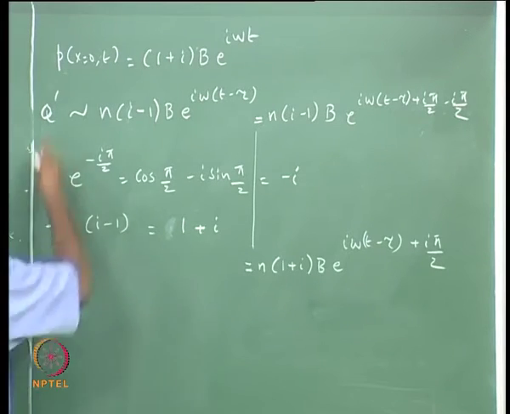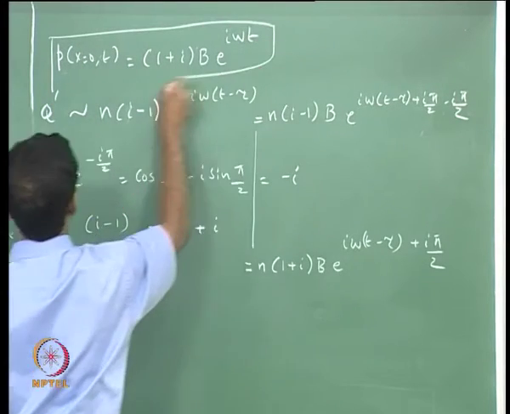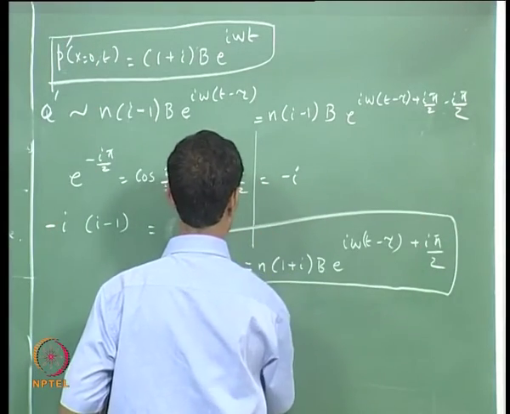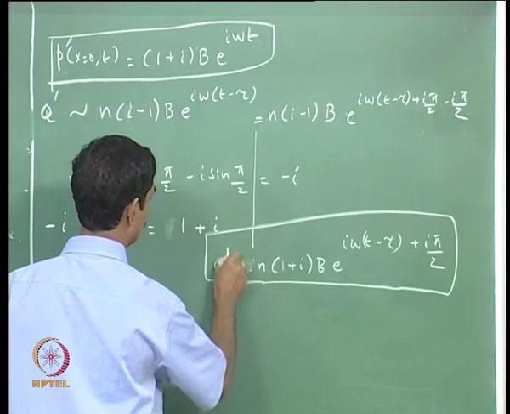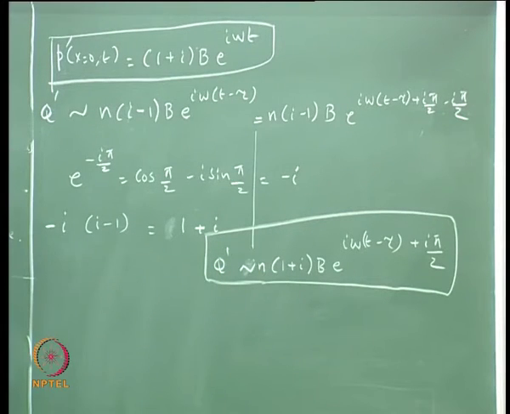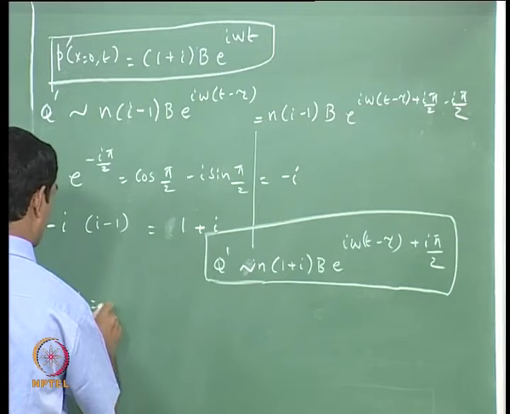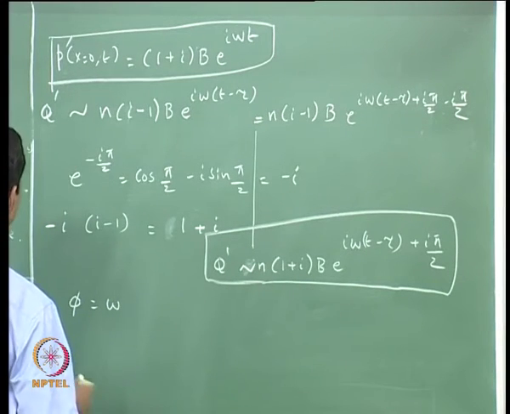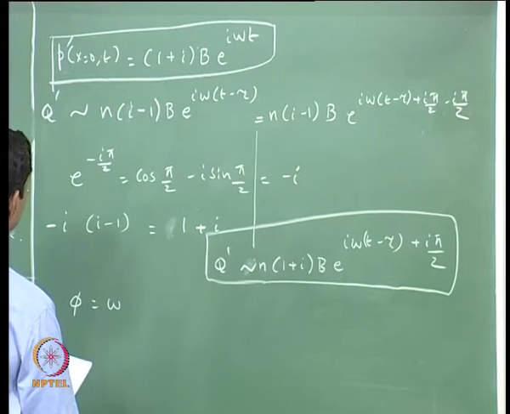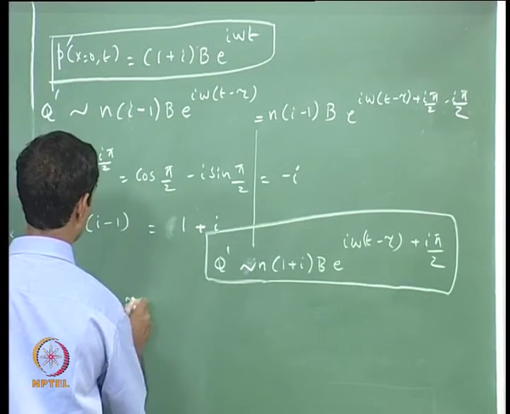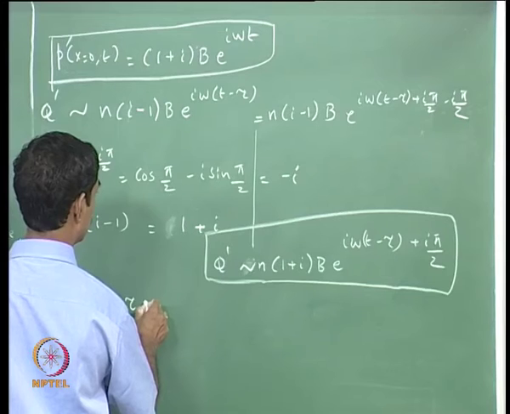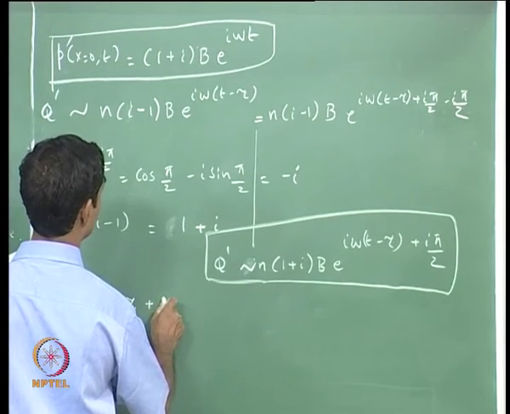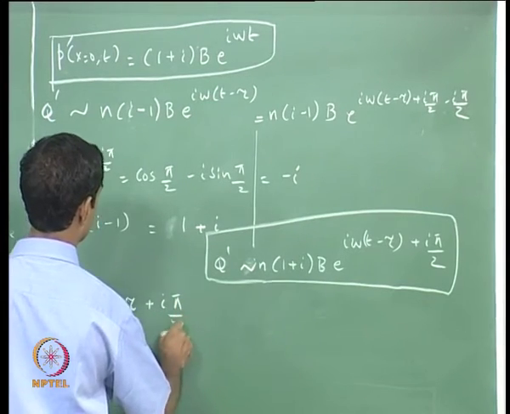So here is the expression for pressure and here is the expression for Q prime, so the phase is minus omega tau plus I pi by 2.